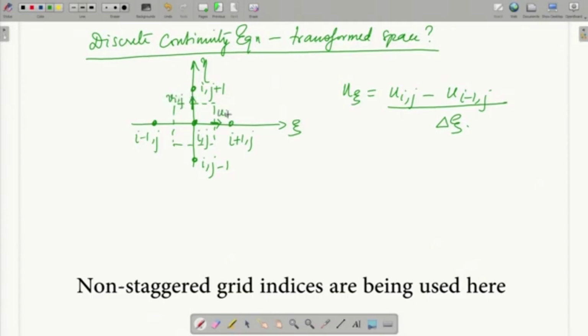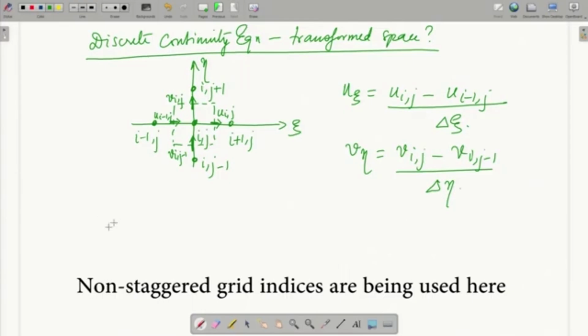So, that is the staggered system that we have discussed about earlier, right. So, when it comes to u xi, it is u I j minus u I minus 1 j, which sits here, and similarly if you were to do a say v eta, so it is v I j minus v I j minus 1 by delta eta, right.